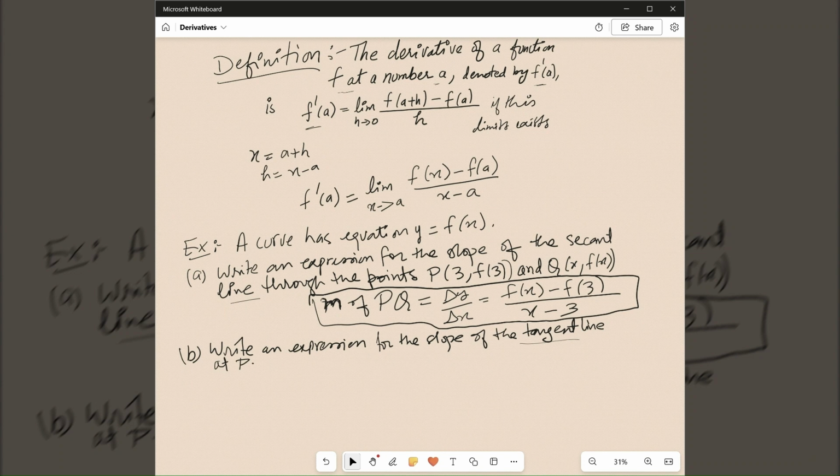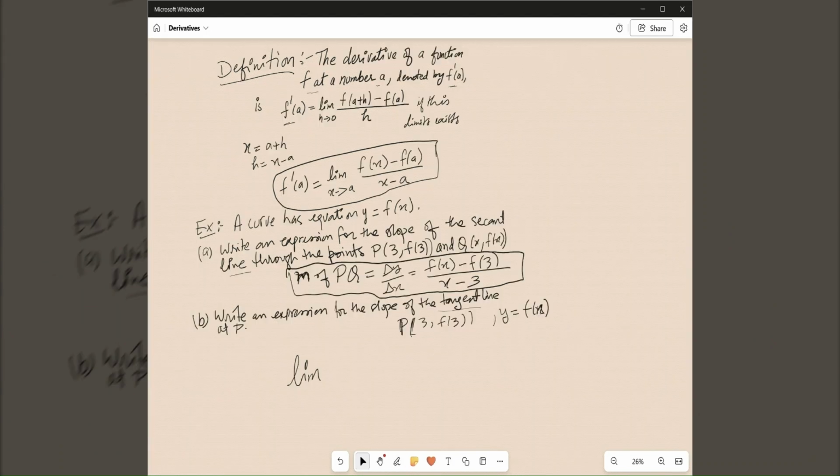And now when we write an expression for the slope of the tangent line at P, which is the derivative, we can simply use this definition here. So limit at point P, right? What is P? P is (3, f of 3), and the function f of x is given.